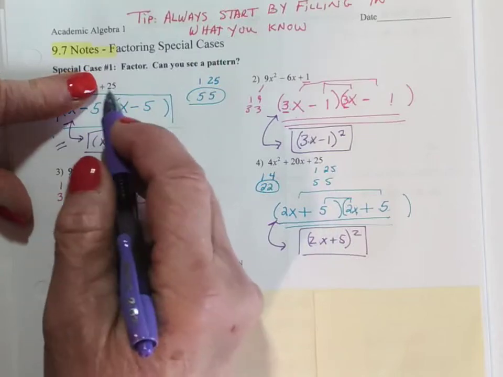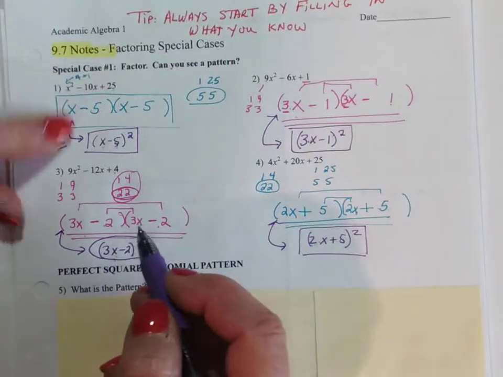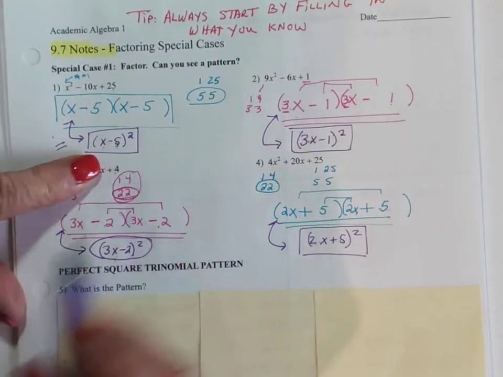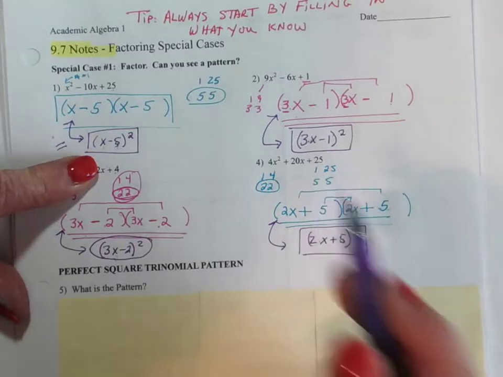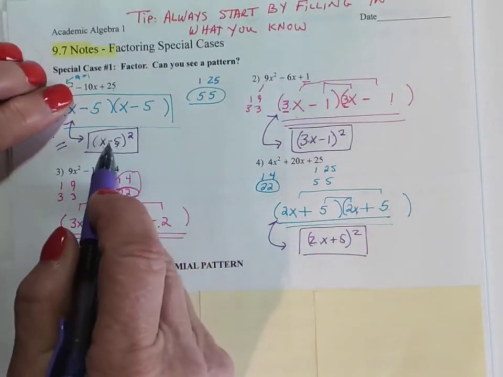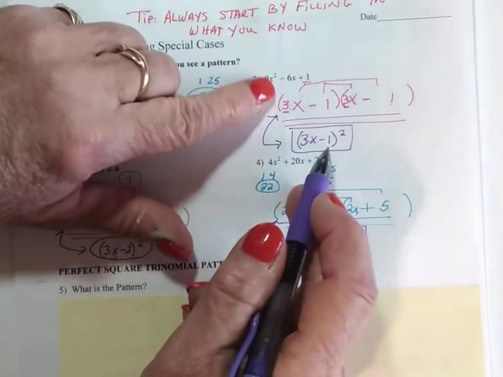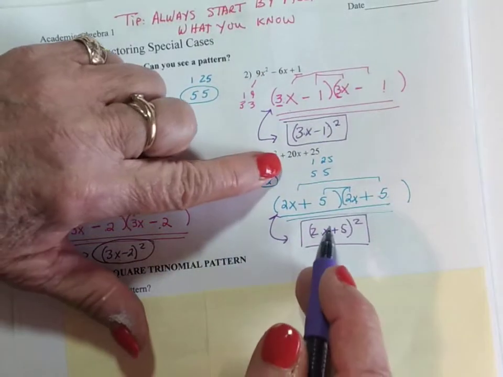Well, 5 squared is 25. 1 squared is 1. 2 squared is 4. 5 squared is 25. And how do you know what the signs are? Well, the middle term tells you the signs. Negative, negative, negative, positive.